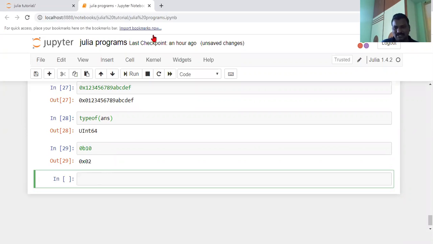I'll take another example here. Another important one is the octal number, 0o. How can you consider the octal number here?